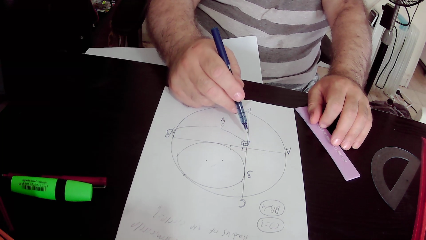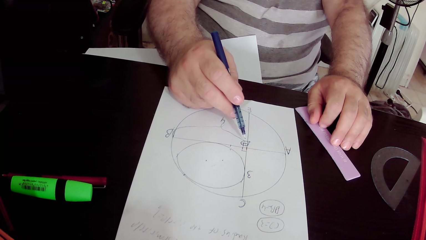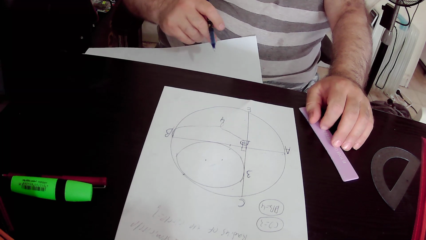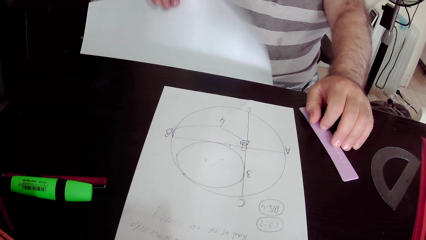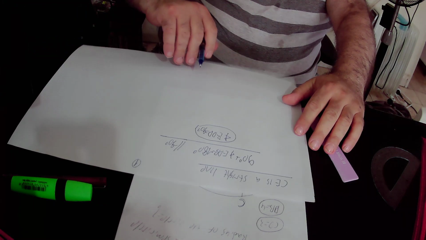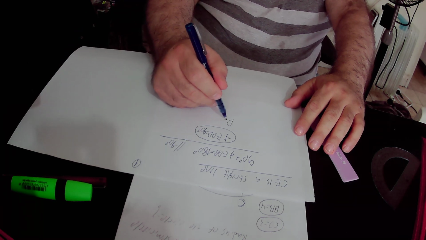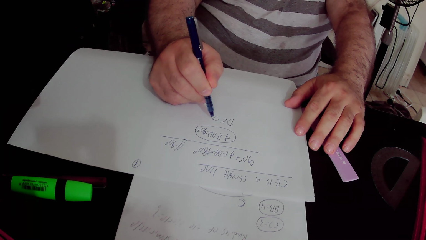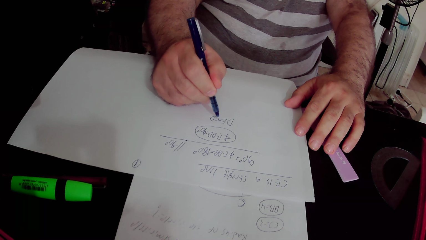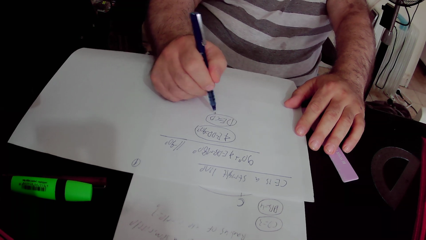And because DE is a mirror image of CD, it means that DE equals CD in its length. DE equals CD by symmetry.